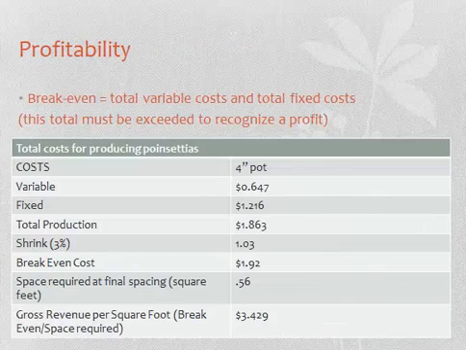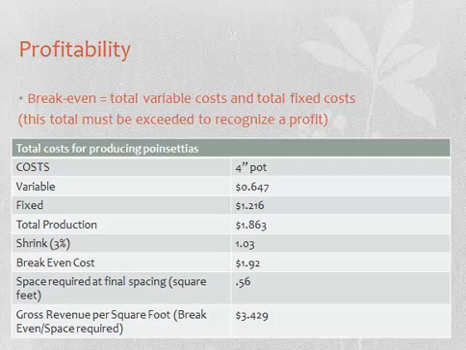So now if we go back to the 4-inch poinsettia example, we can look at the profitability or the break-even point where we have the total variable cost and the total fixed cost, and so we must exceed this value to have a profit. If you look on page 9 of your book, you'll see the table that's listed here, and we simply add the variable cost and the fixed cost to get our total production cost.